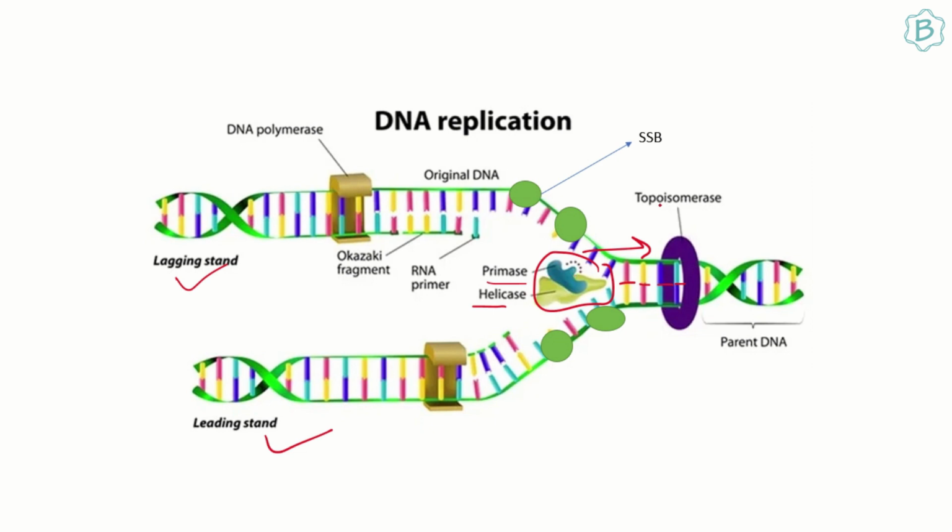Okay, next the topoisomerase is present upstream of the helicase. So what is the function? The topoisomerase is going to relieve all the positive supercoil which is created by the function of helicase. Helicase is continuously unwinding the DNA, and due to that unwinding, the rest of the DNA will face some kind of positive supercoil or stress, which might disrupt the function of helicase.